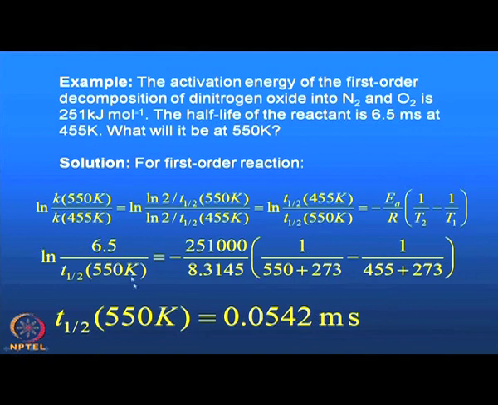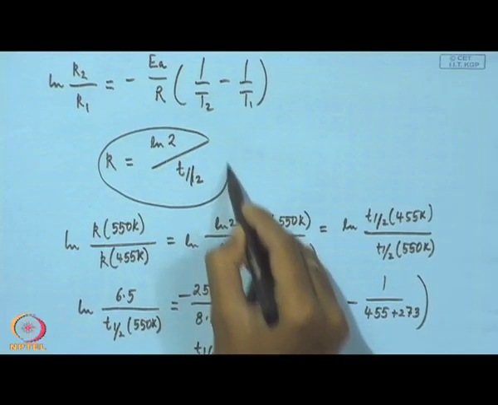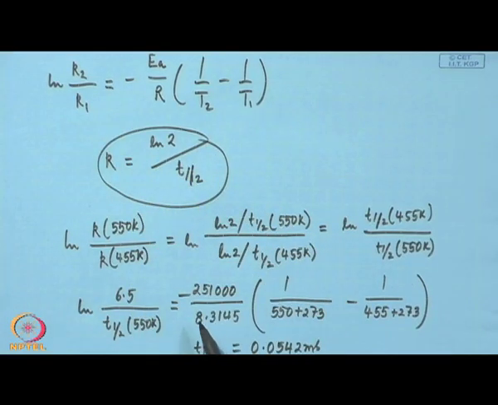So, it should be centigrade here, and also here. Anyway, this is the way you can find this T half at a different temperature when T half at one temperature is known. And of course, it is a first order reaction, which is very important, otherwise we should not use this expression. For first order only you can use this particular relation. Okay.